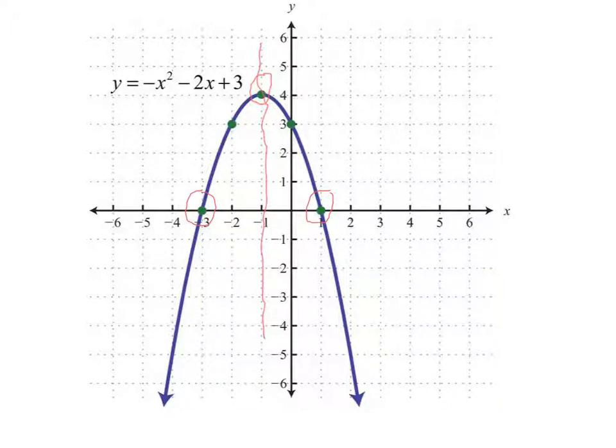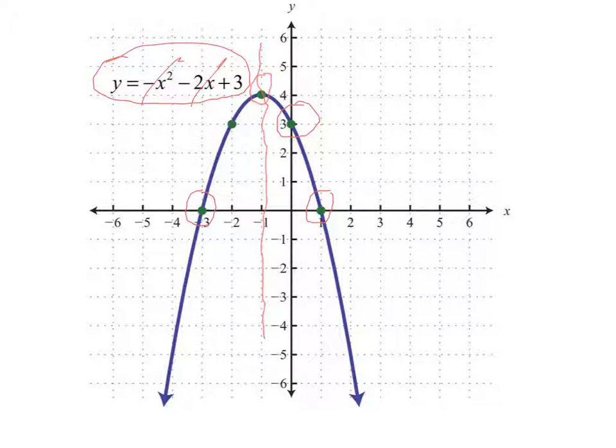Now, the other point of interest is the y-intercept. Here's the y-intercept up here. The y-intercept is where x is equal to 0. Well, if you look back at your original equation here, and we set x equal to 0, those terms go away, and we get y equals 3. That's the y-intercept.